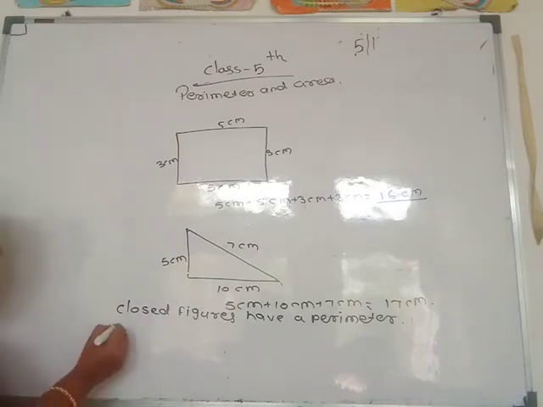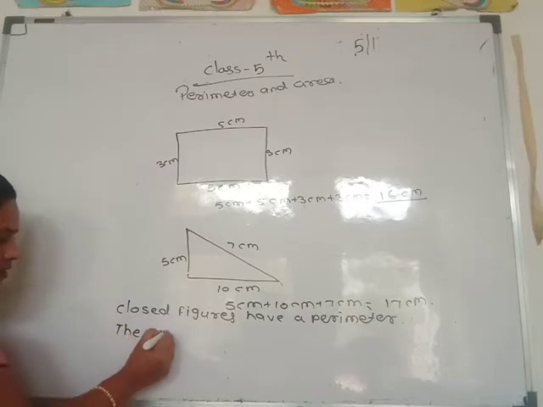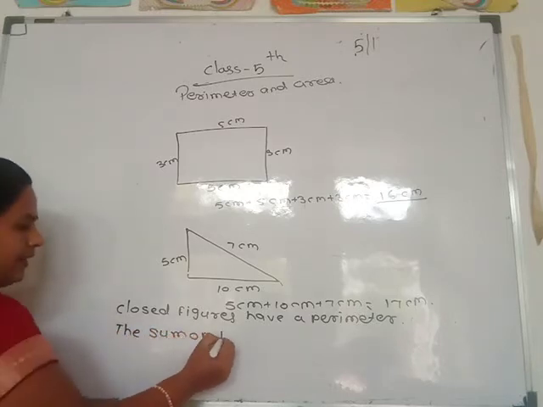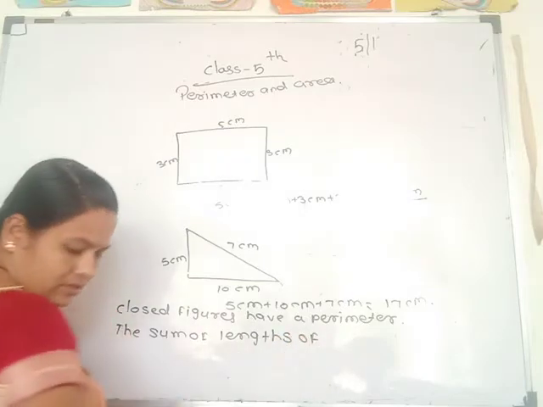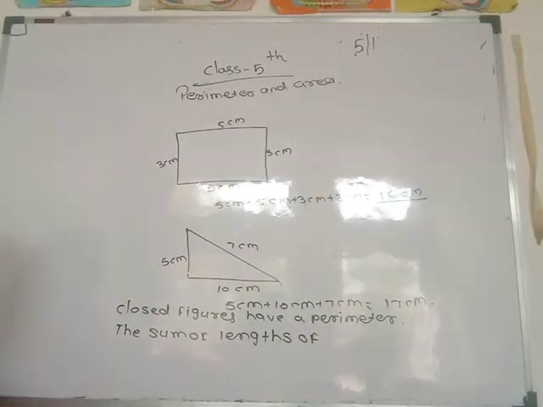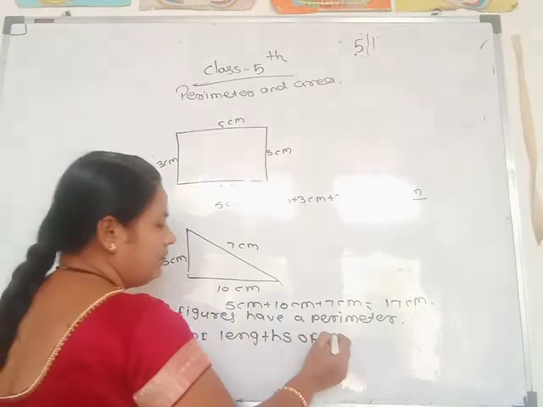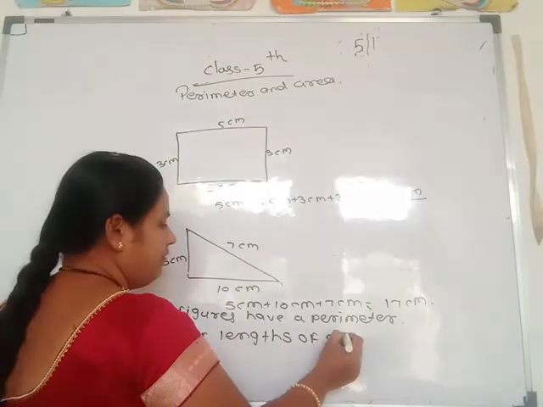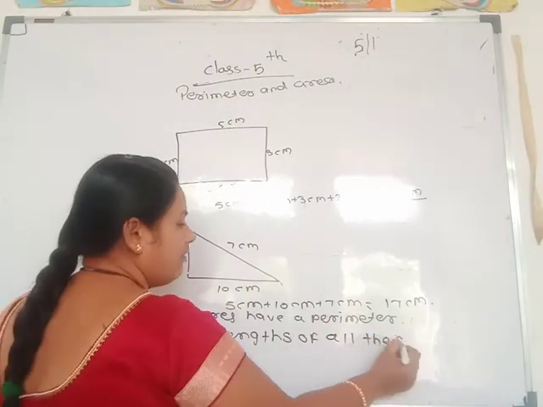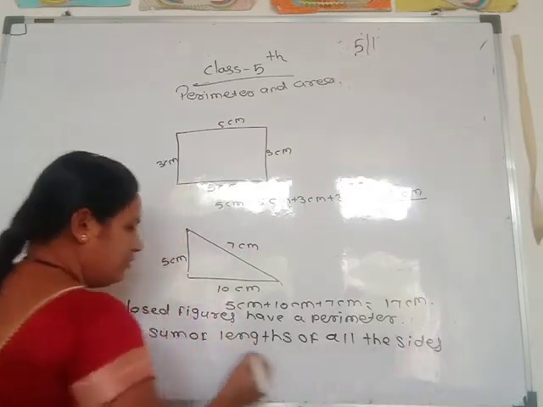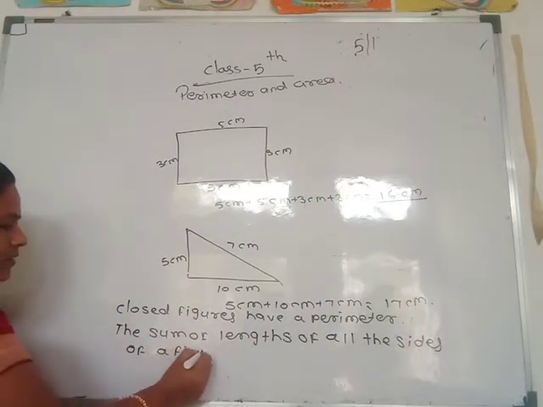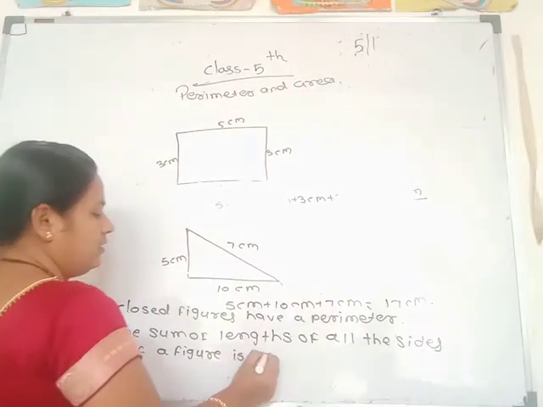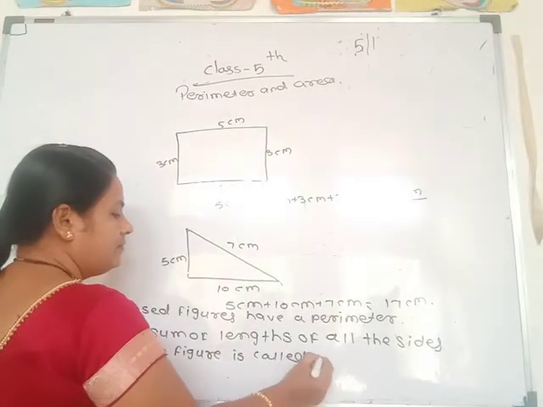The sum of lengths of all the sides of a figure is called a perimeter.